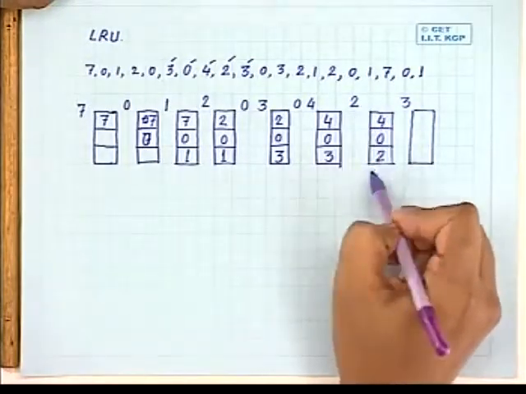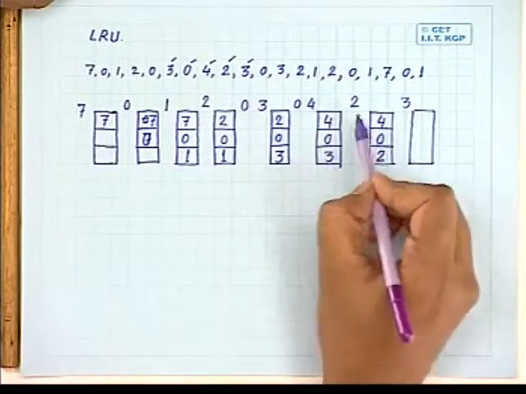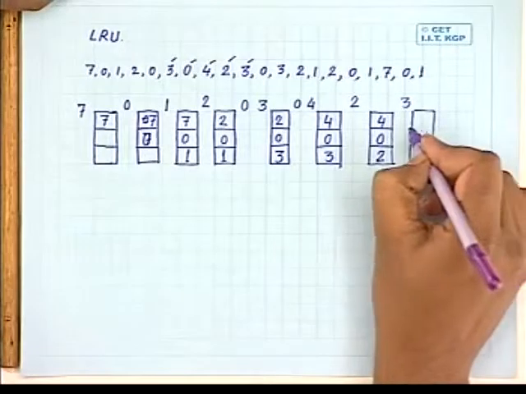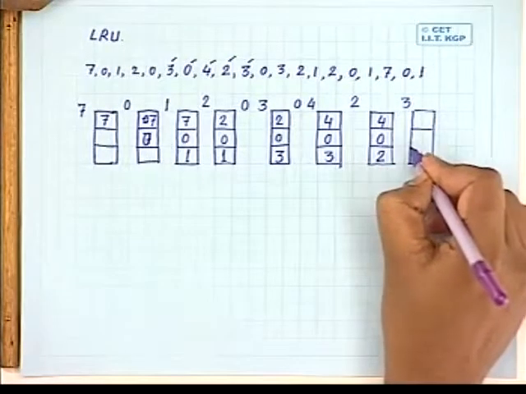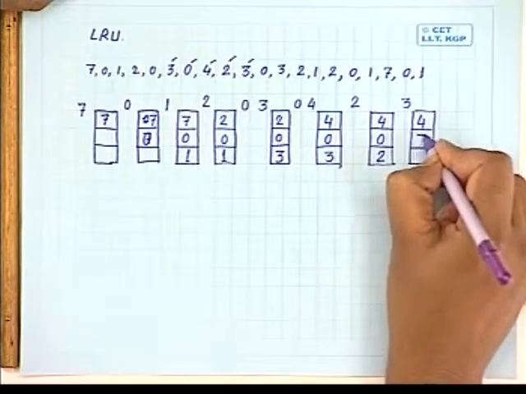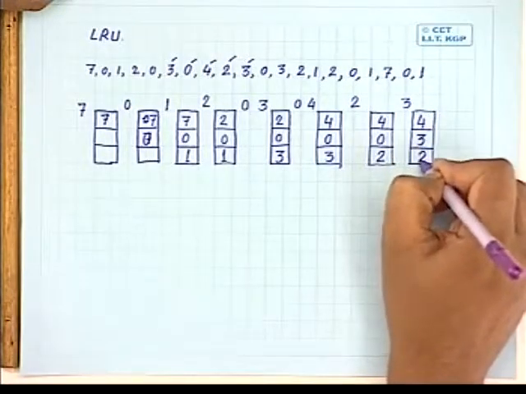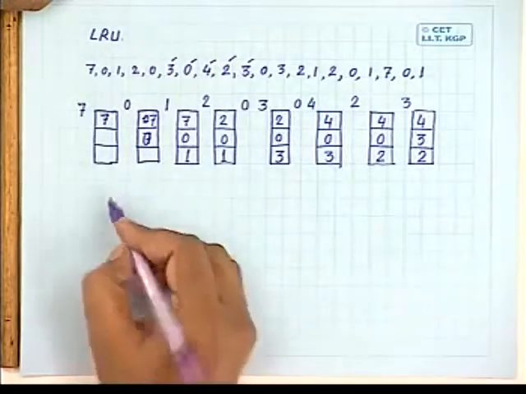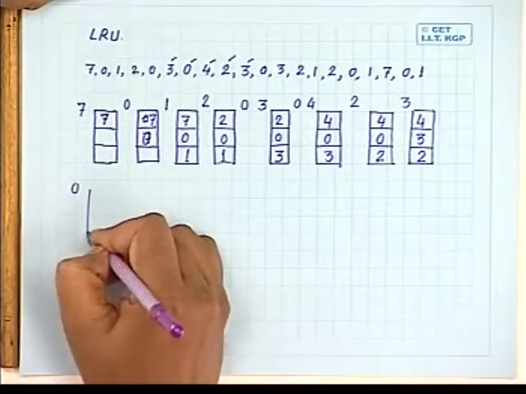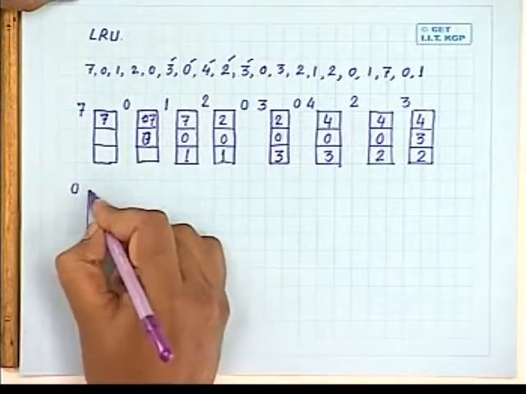Out of these 3 pages, page number 0 is the least recently used page. So I have to replace page number 0 by page number 3. So I have the situation 4, 3, 2. Next time when again 0 is referred, again there is a page fault.